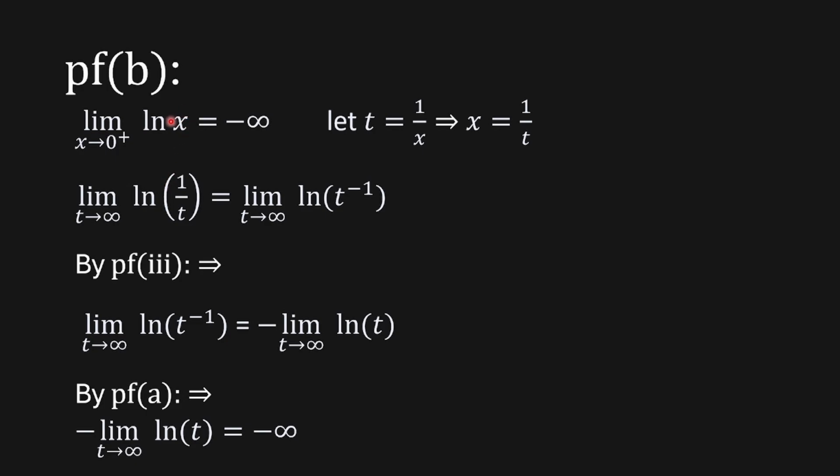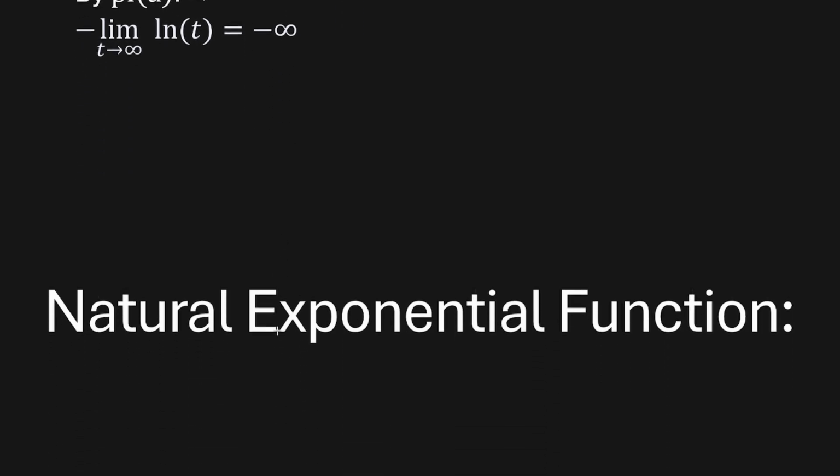And then making the substitution here for x, it's 1 over t, so we write ln of 1 over t. We can rewrite this limit by putting t to the negative 1 power and pulling the negative 1 down by proof 3. And this will give us negative 1 times the limit as t approaches infinity of ln t. And now by proof A, we know that this limit approaches infinity. So this is basically positive infinity times negative 1, which of course is negative infinity.